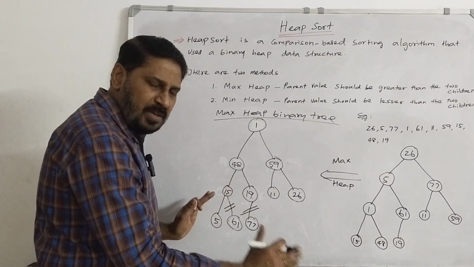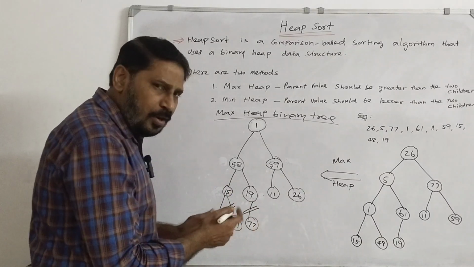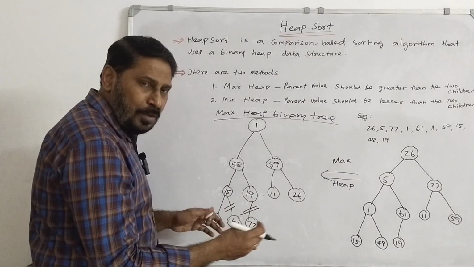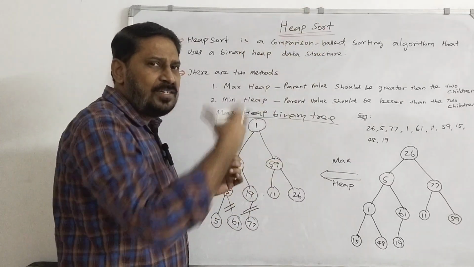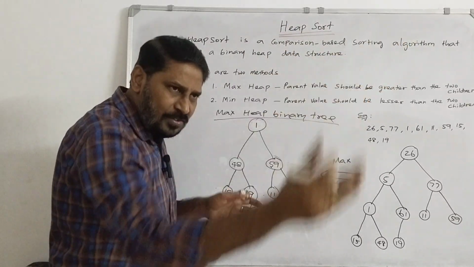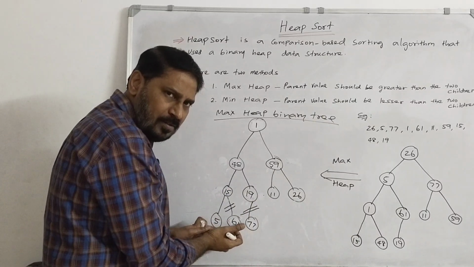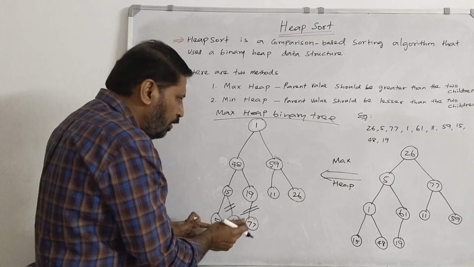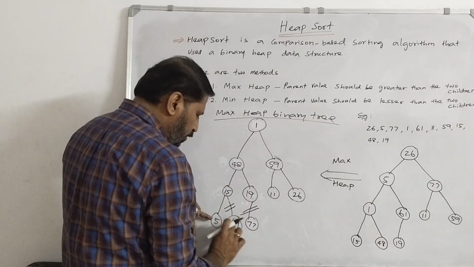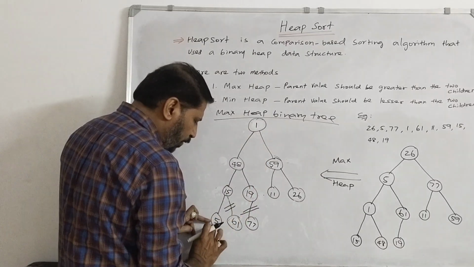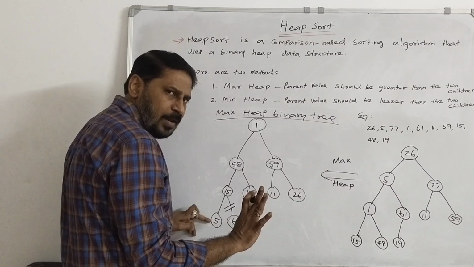It is not compared because it is already sorted. What we are doing this way is taking the highest value each and every time; the highest value comes to the root and it is transferred into the appropriate position. Okay. So 61, 77, then 1. These two are not compared. 5 is compared with 15. It is in order.